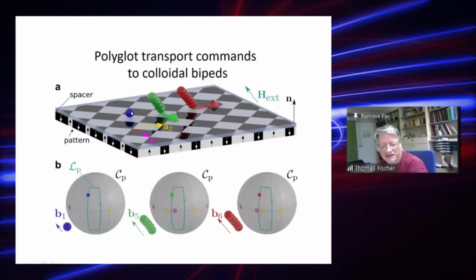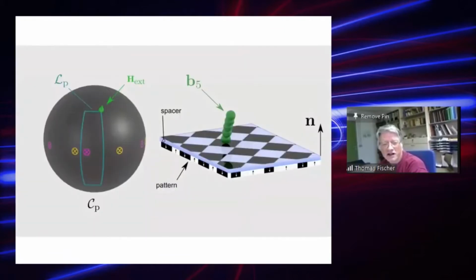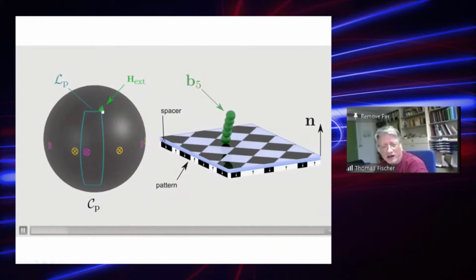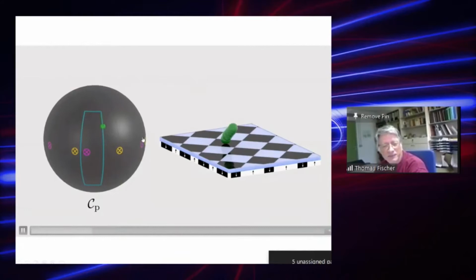This is a single particle, this is 5 particles, 6 particles. If we apply a loop again, we can transport these particles into different directions. The way it happens, you see here, we have the magnetic field over here. This is a particle in action space.